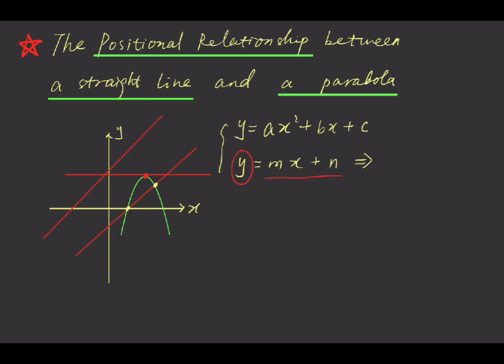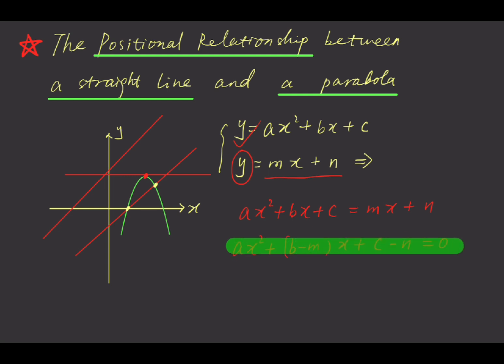Okay, so we can make use of this expression to replace this one. So we can figure out ax squared plus bx plus c equals mx plus n. Then ax squared plus (b minus m)x plus (c minus n) equals 0.